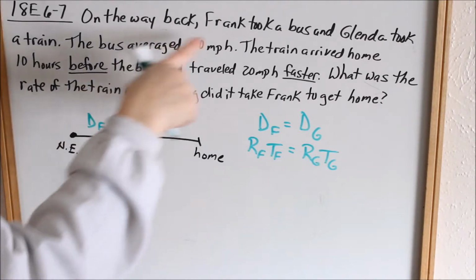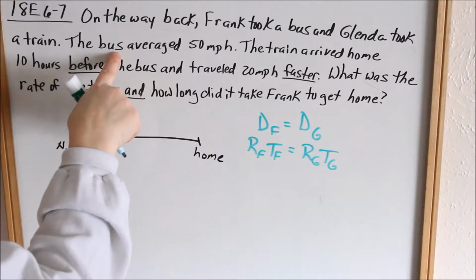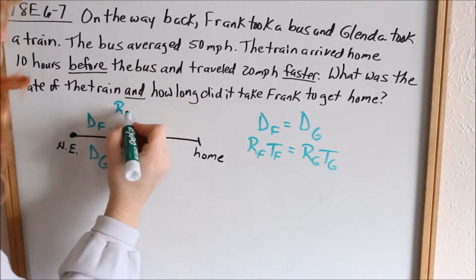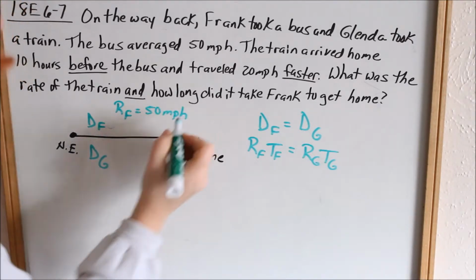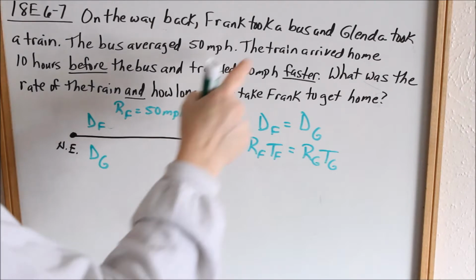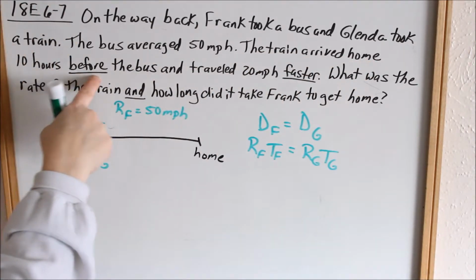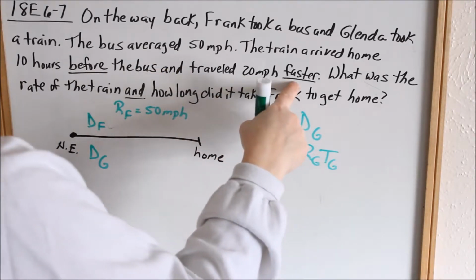Okay, so Frank took a bus. So here we are on the bus. So this is Frank's information. The bus averaged 50 miles an hour. So Frank's rate is 50 miles an hour because that was how fast the bus went. Okay, then it says the train arrived home 10 hours before the bus, I'm going to get back to this information, and traveled 20 miles an hour faster.